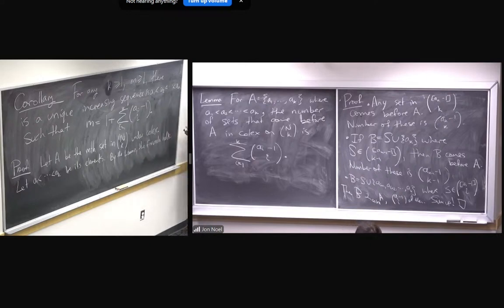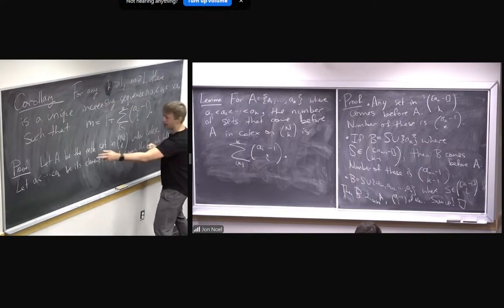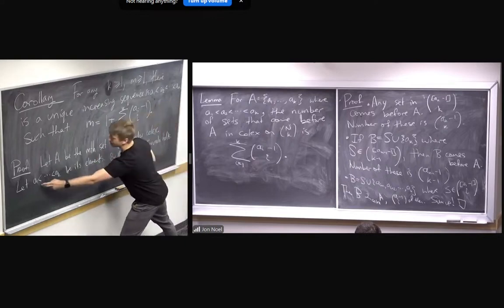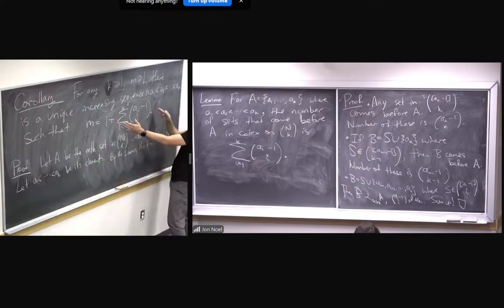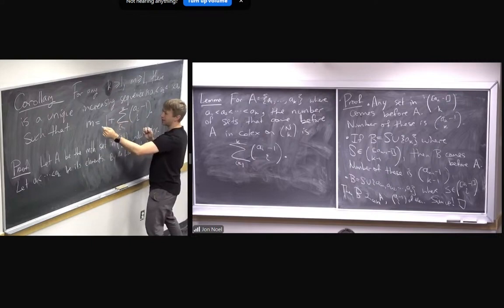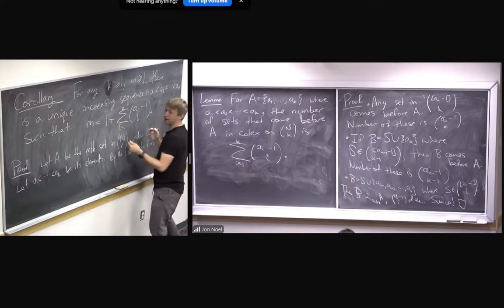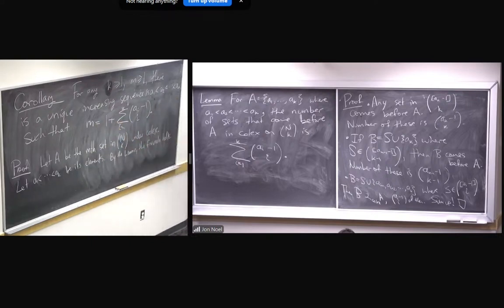Because if A is the mth set in colex, there should be m minus 1 things that come before it, and m minus 1 is just this, right? If A has these elements, we showed that there are this many things that come before it, and it's the mth set, so m is this plus 1. So the formula does hold.